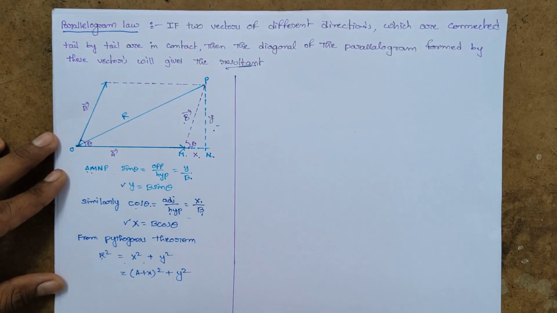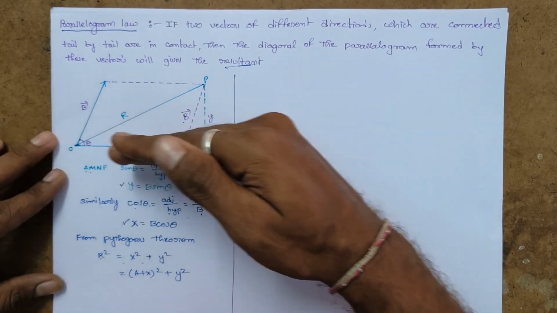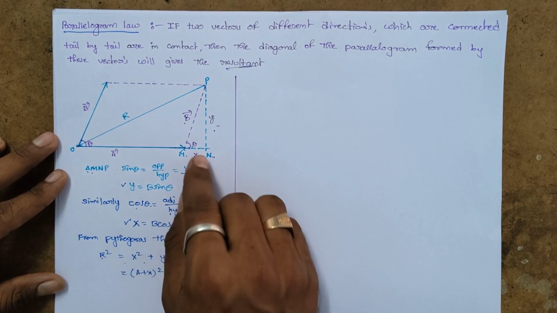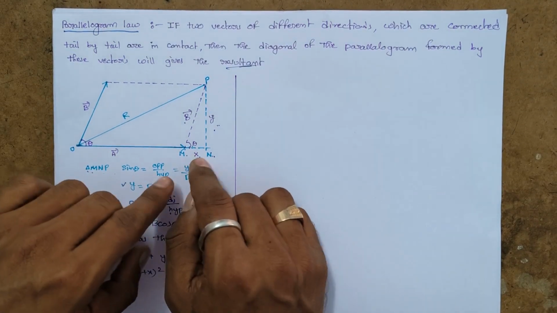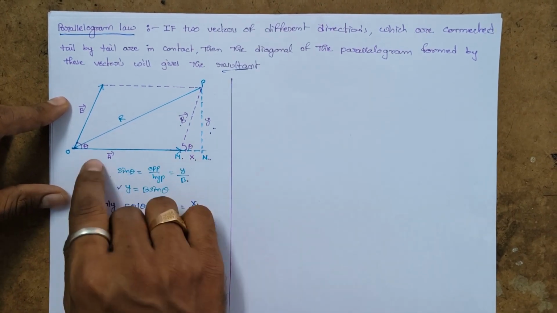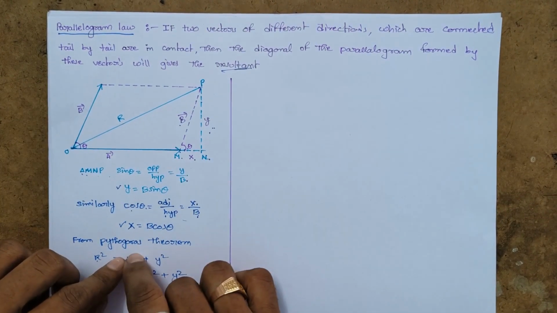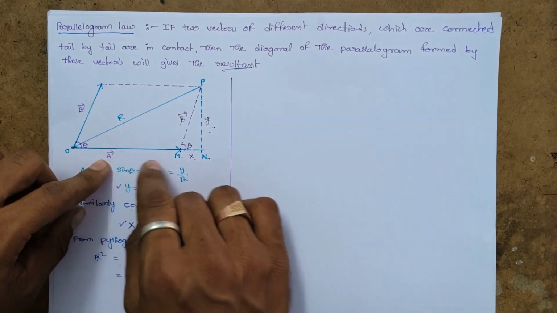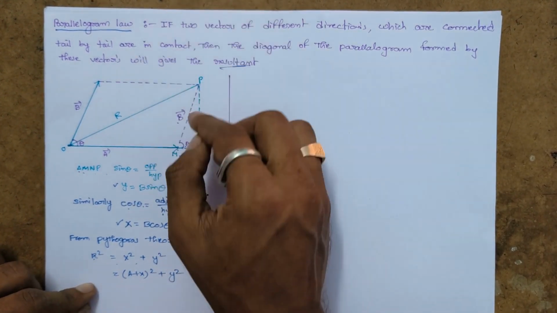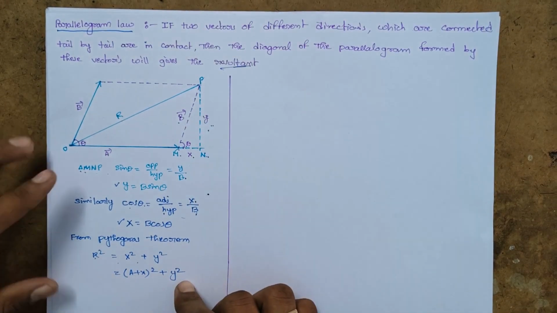Look at this diagram carefully. We have two lines, one horizontal and another vertical, right? The horizontal component is the x component, but instead of x, I am taking a plus x because the a vector is also along the horizontal direction. So in place of x square, I took a plus x whole square, plus the y component, which is a single component, that's why y square.